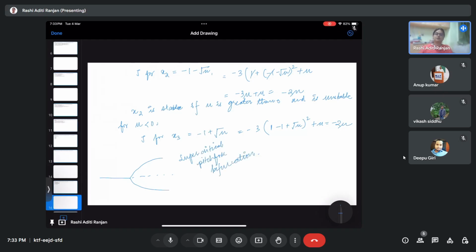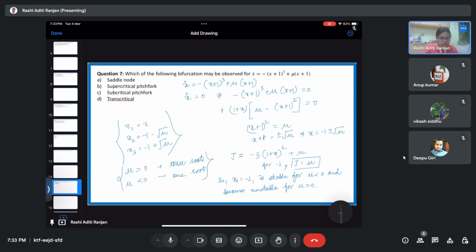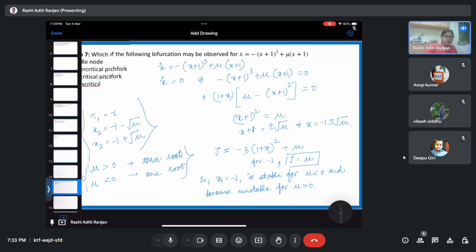Okay, so if you look over here, option B is the correct option. I hope this is clear. This was a very easy question, only it was looking very difficult because of the cube term.